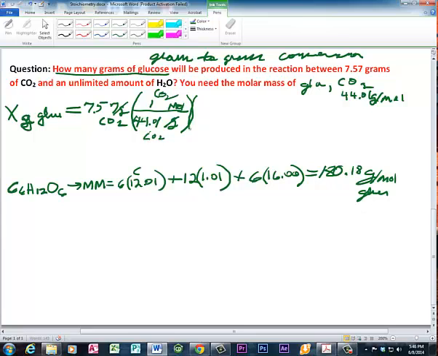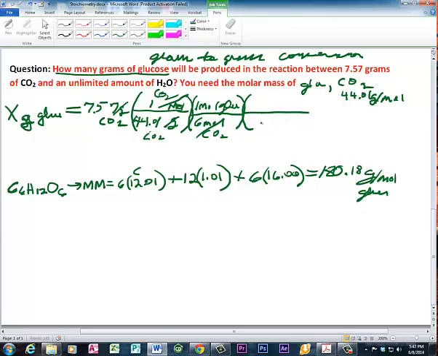Now you have the mole-to-mole ratio, which we've already determined from the balanced chemical reaction, is 6 moles. It's just the coefficient of CO2 in the balanced chemical reaction and the coefficient of glucose from the balanced chemical reaction. Last step, we've canceled the moles of CO2. We now have moles of glucose.